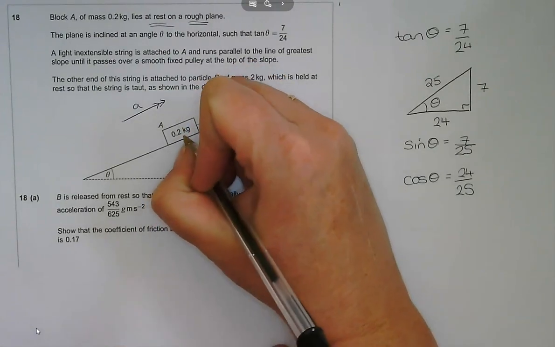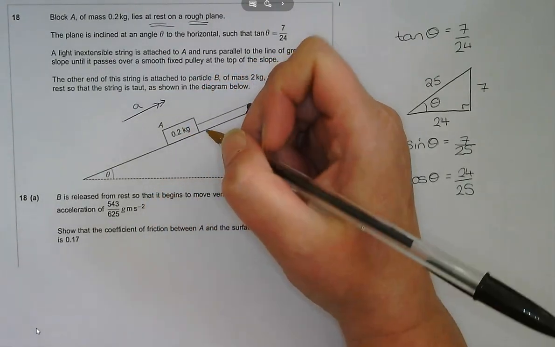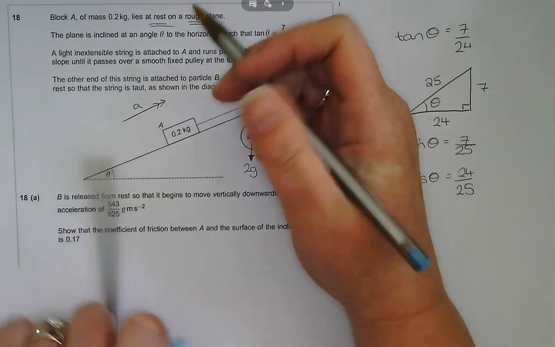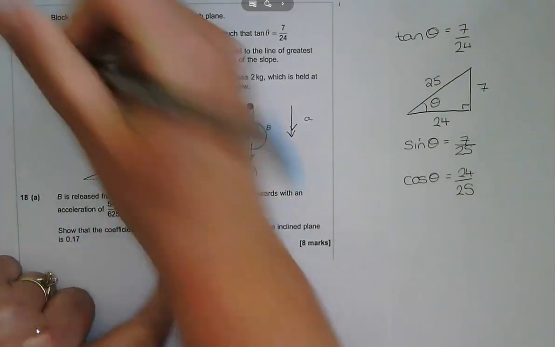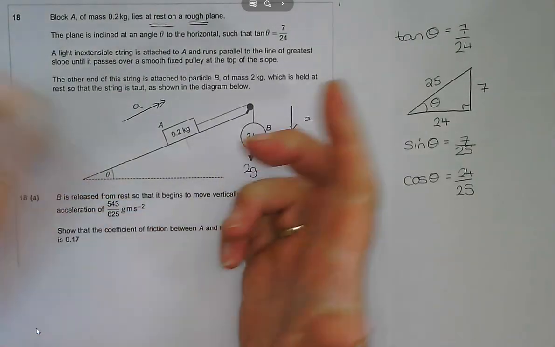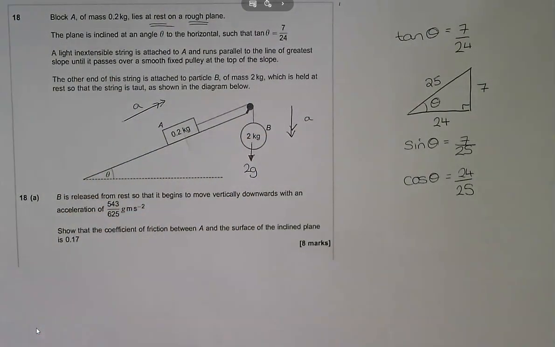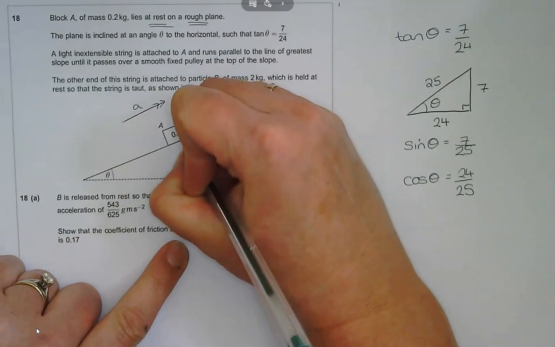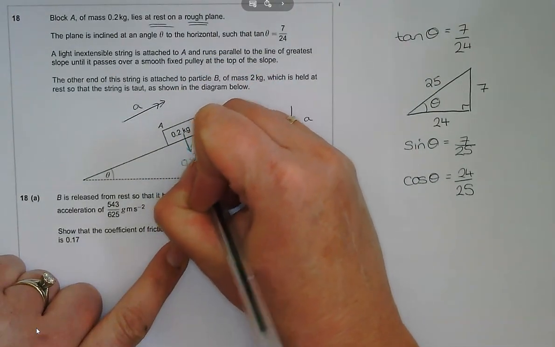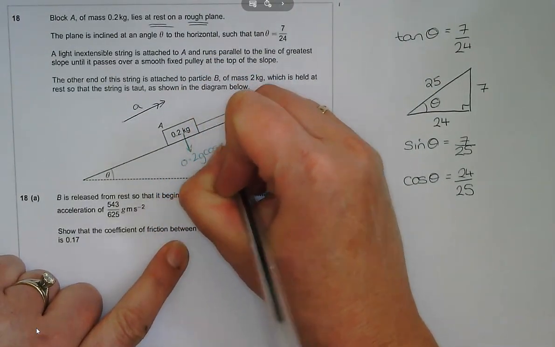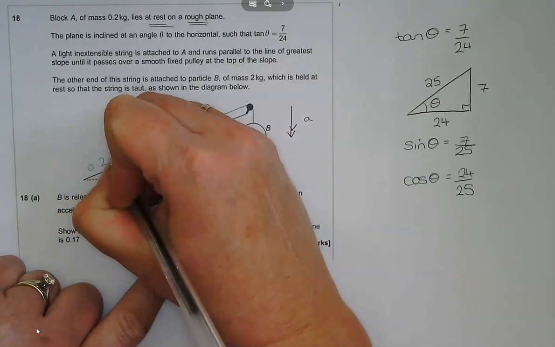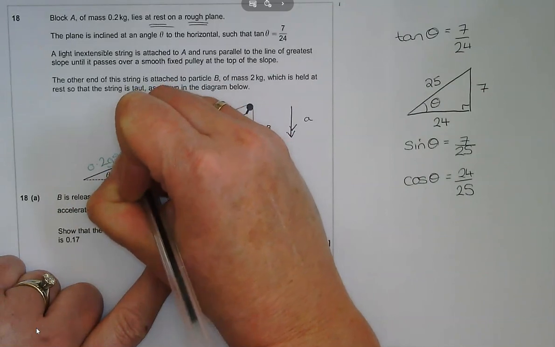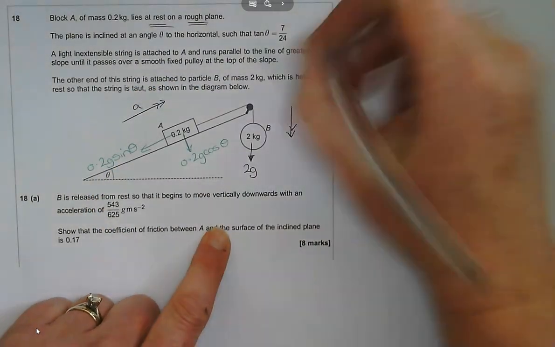The mass of the block, we're going to have to split up the weight into the vertical and the parallel and perpendicular components here. So we've got 0.2g cos theta coming down and 0.2g sine theta acting parallel to the slope.